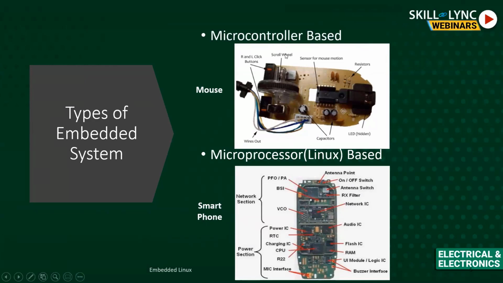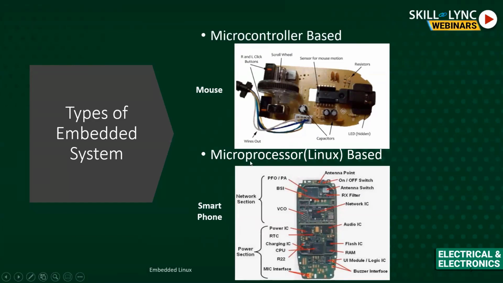Right. So we can categorize the system as a microcontroller based system and the Linux microprocessor based system predominantly on these factors. Of course, there are other factors, but I'm just taking from the number of input perspectives and how we are dealing with those inputs.